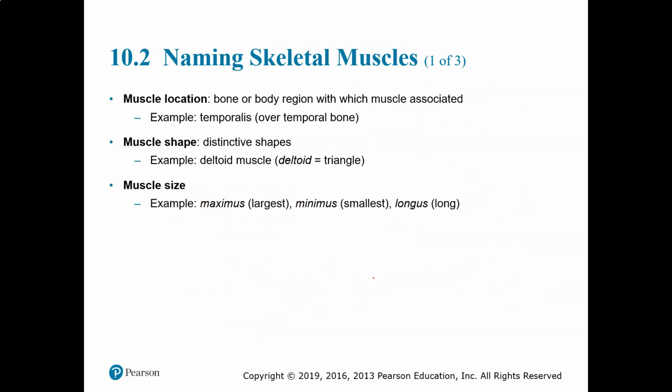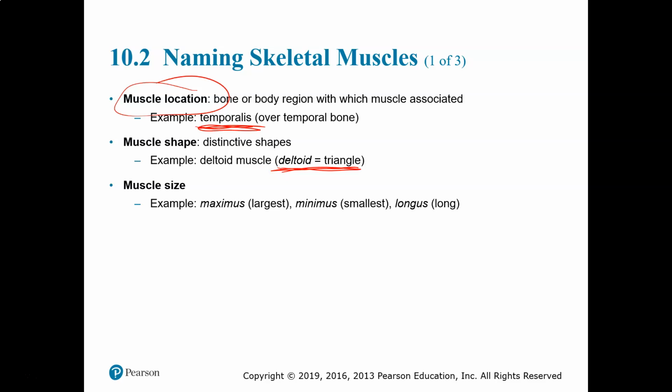Okay? All right, now when we name skeletal muscles, we can use the location of the muscle, like the region. The temporalis muscle in your head is located over the temporal bone, for example. Shapes of muscles: deltoid means triangle, so the deltoid shoulder muscle is triangle shaped.